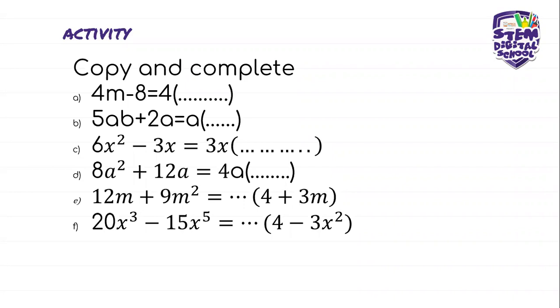Remember, you need to always remember the names of our expressions. We spoke about the monomial last week, and today we are factorizing. We have already factorized a monomial because 24 is just an expression with just one term. And then of course we are looking at the binomials as well as the trinomials.